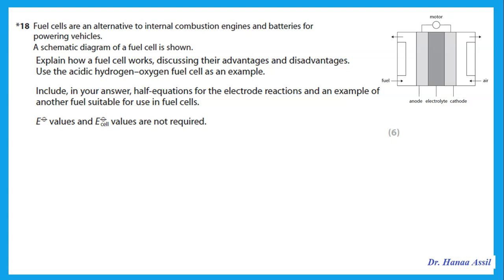Fuel cells are an alternative to internal combustion engines and batteries for powering vehicles. A schematic diagram of a fuel cell is shown. Question 18 says, fuel cells are an alternative to internal combustion engines and batteries for powering vehicles. A schematic diagram of a fuel cell is shown.